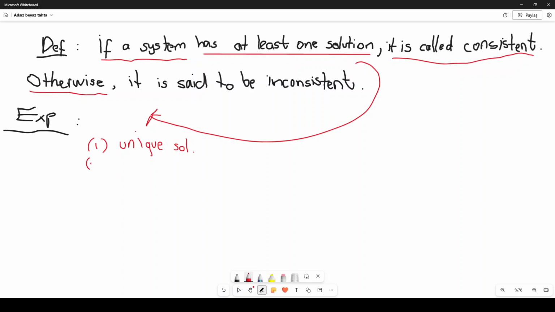Another one is that we can also have an infinite number of solutions. Infinitely many points can satisfy both equations at the same time. If these two cases occur, then our system is consistent.